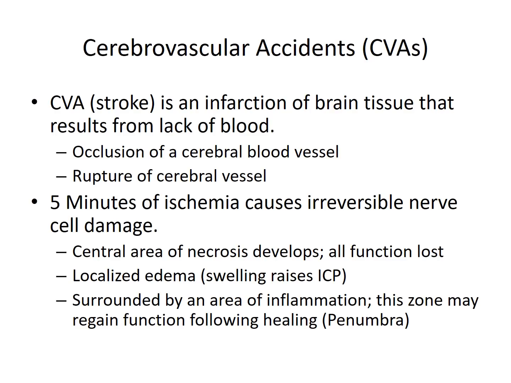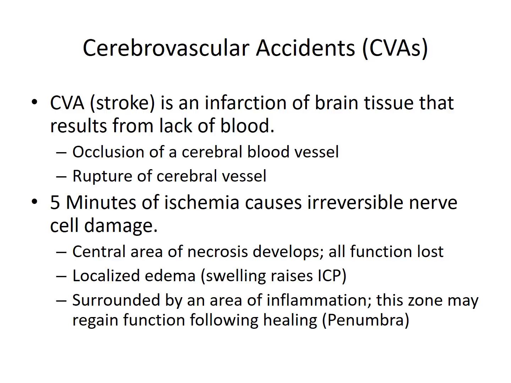So CVA is infarction of brain tissue due to occlusion of blood vessel or rupture of blood vessel. After about 5 minutes of ischemia, irreversible neuron damage can occur. Necrosis of the brain parenchyma, edema of the brain parenchyma. Swelling and edema can raise intracranial pressure.